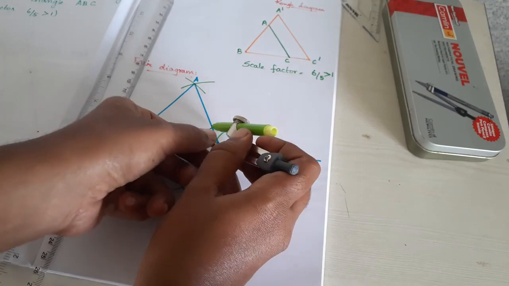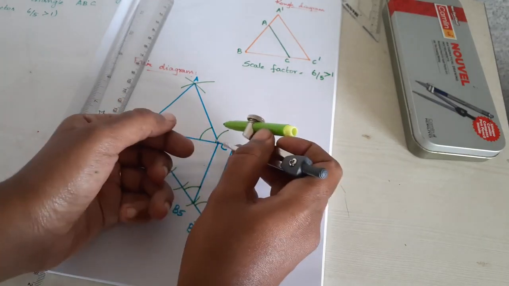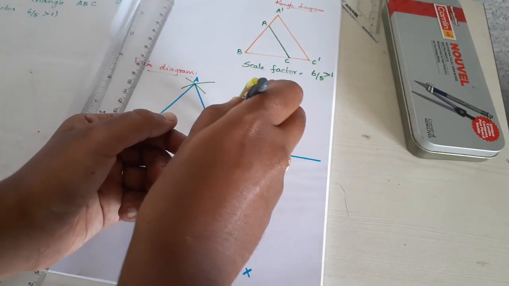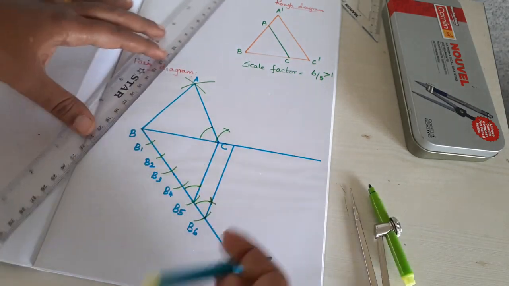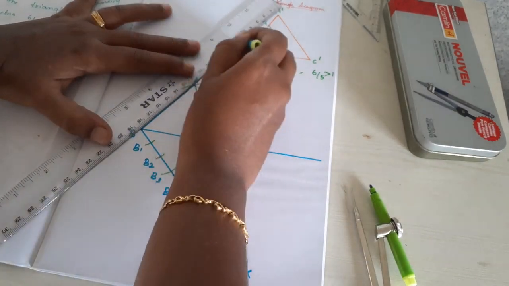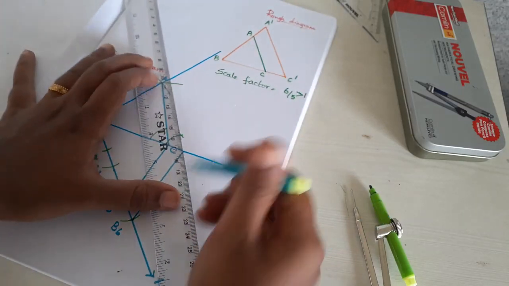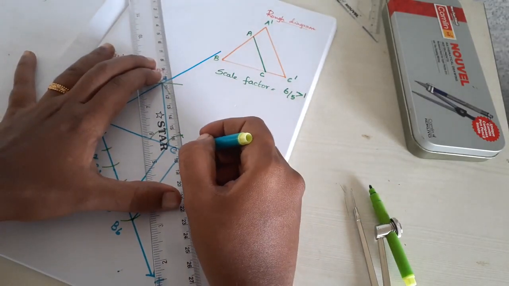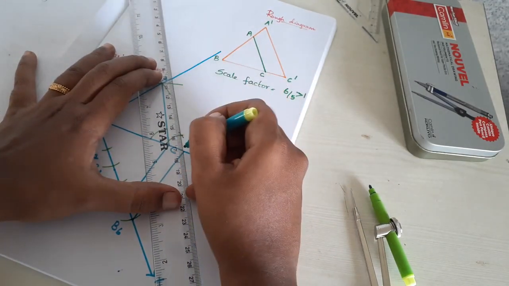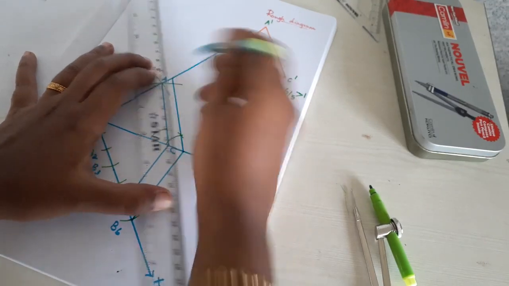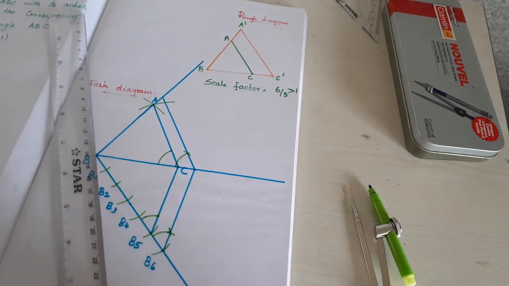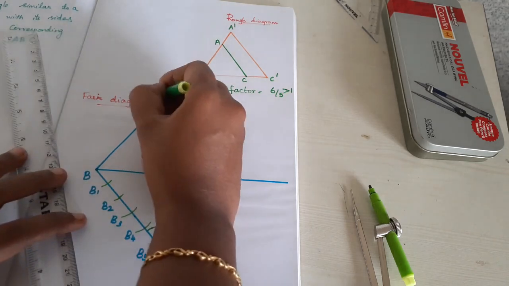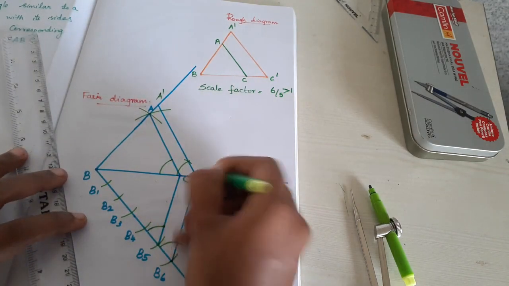Measure this and cut this. Here also we need to extend this. Extend this, then join this. Got it, students? Okay. Now we are going to give the names, that is A dash, C dash, the new points.